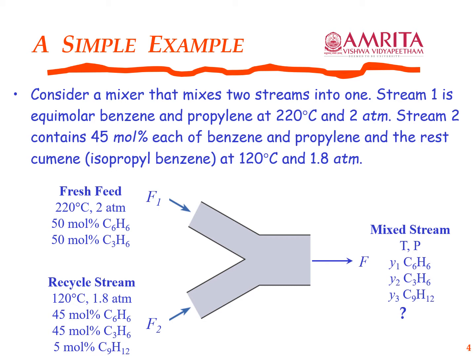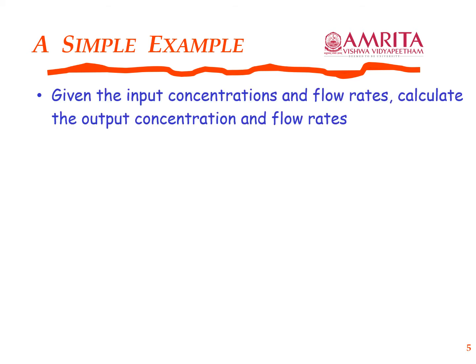Will you be able to determine the temperature and pressure of the outlet mixed stream? These are the kind of typical questions you've studied in material and energy balances in the first introductory chemical engineering courses. So these are standard questions actually. Given the input concentrations and flow rates, calculate the output concentration and flow rates.